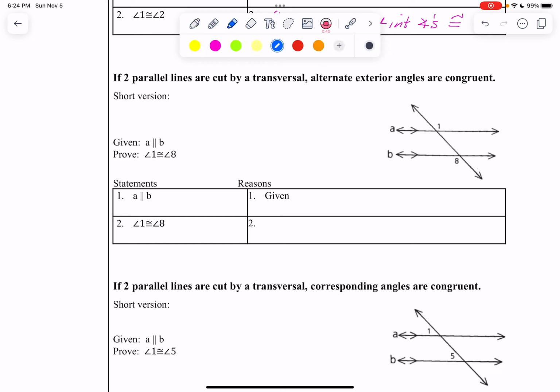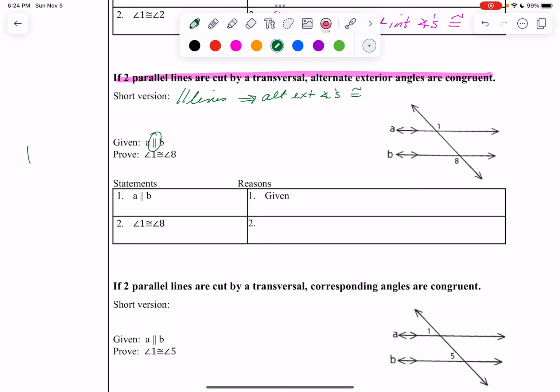This time we have parallel lines, and we're looking at the alternate exterior angles. So the short version is going to be parallel lines implies alternate exterior angles congruent. Again, short proof.